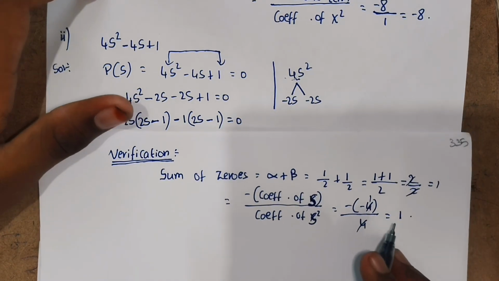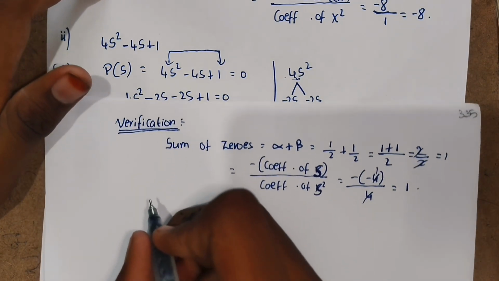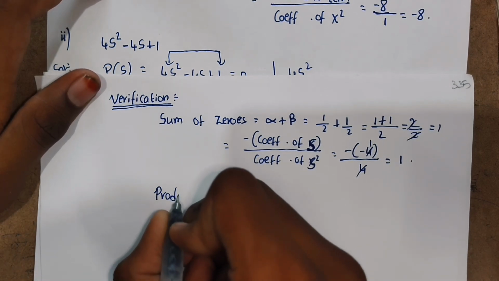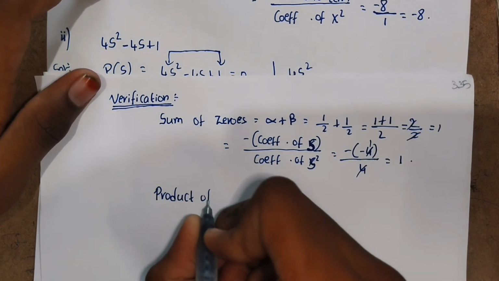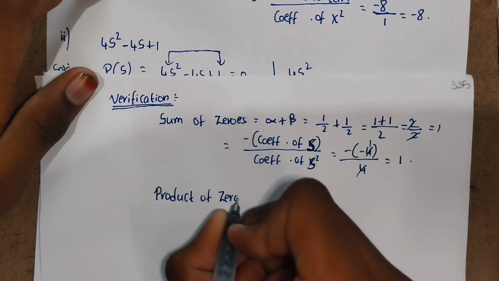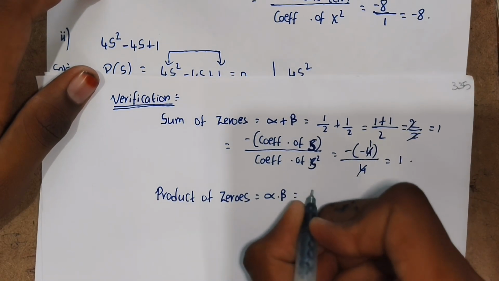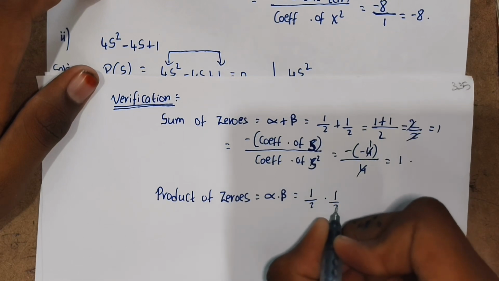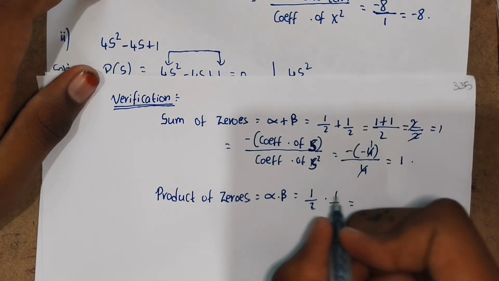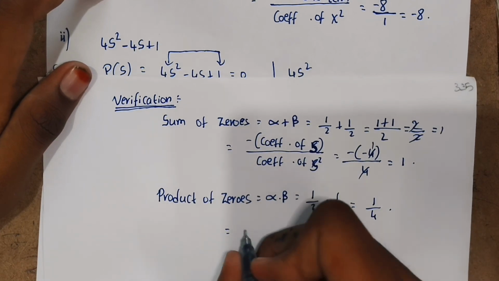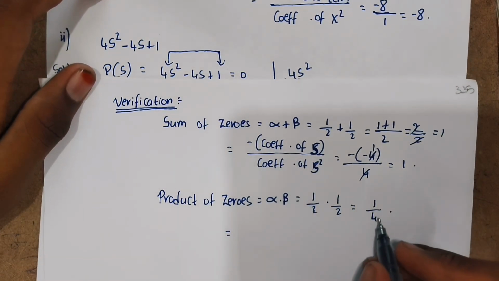Both are equal. So let us do the product of zeros. Product of zeros is equal to alpha into beta. 1 by 2 into 1 by 2 is equal to 1 ones are 1, by 2 twos are 4. We got this by the normal procedure.